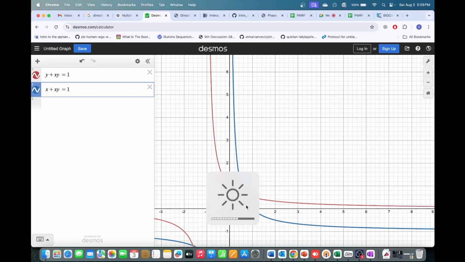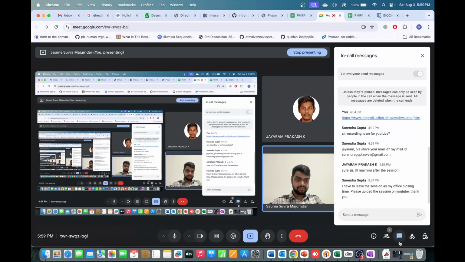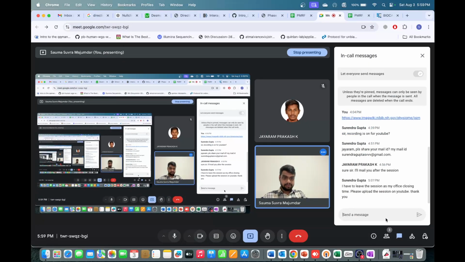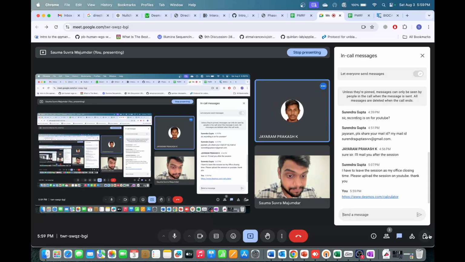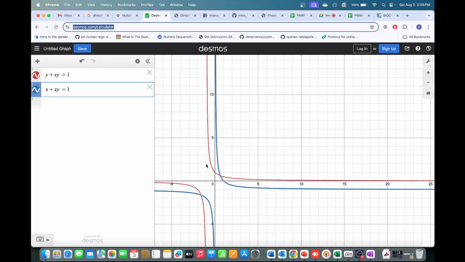So this is how it is done, and this is a plotter, so you can use it. I'm just giving it here. Actually, there is another point also there, right? Another intersection point is there, right? Yeah. The whole curve looks like this.